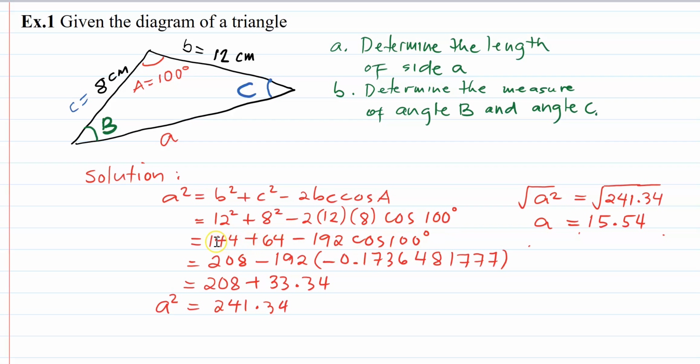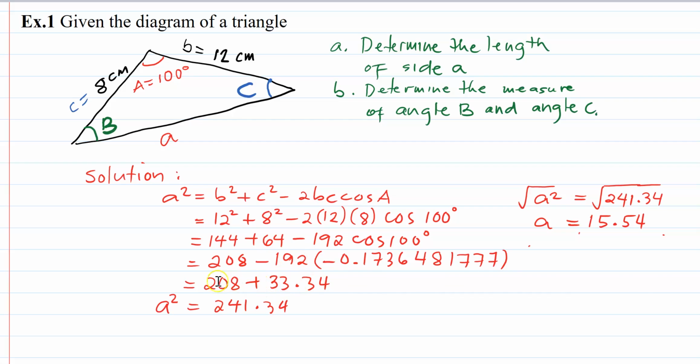Now 12 squared is 144 and 8 squared is 64 and 2 times 12 times 8 is 192. 144 plus 64 is 208 and cosine of 100 is negative 0.1736481777, and because this is negative multiplied with negative 192, this gives us positive 33.34.